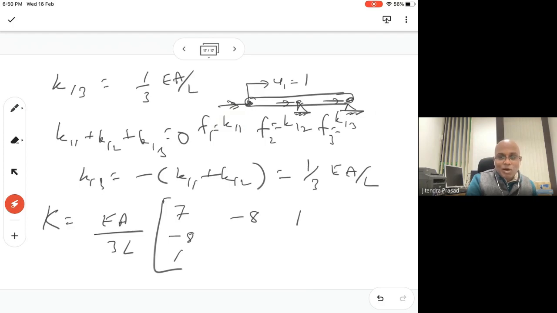Either you compress it or extend it, you need the same force. That means you can also guess K11 is equal to K33, because 1 and 3 are symmetric. Whatever force you need here to displace this by 1, you need the same force to displace this by 1.